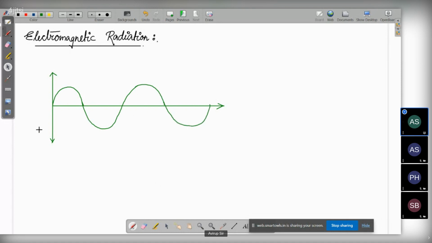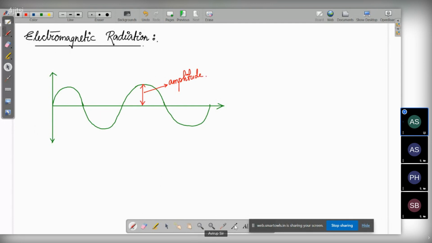Now, tell me what is this? What is the name of this maximum displacement? You know this. This is called the amplitude of a wave. So the maximum displacement of the wave is known as the amplitude.